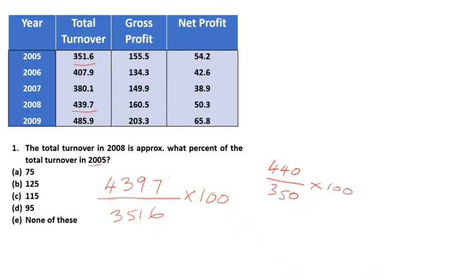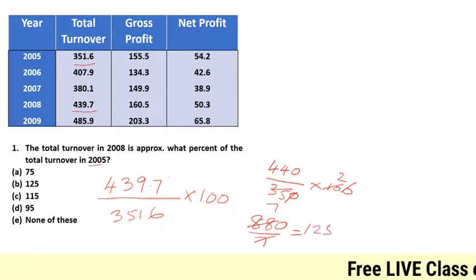So you can cut these zeros and zeros. You can cancel it with here 5 7 times, here 5 2 times. So this becomes 880 divided by 7. So 880 divided by 7, how much does it come? 1 time, 2 times, approximately 125.